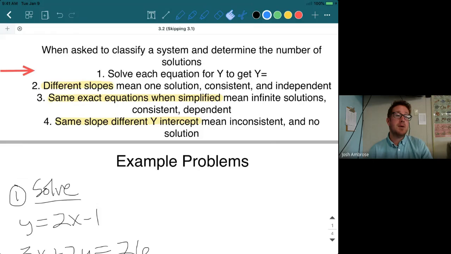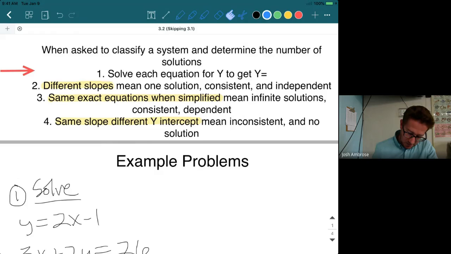But if you have the same slope but different y-intercepts, that plus b value, then we have a no solution situation. The reason you would have no solution is because you would have parallel lines that would never cross, and if they never cross, there won't be a solution. The one time you'll have infinite solutions is if you literally have one line and another that is the same, so every single point will always be identical.